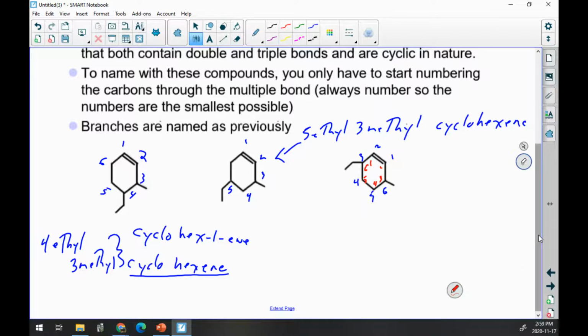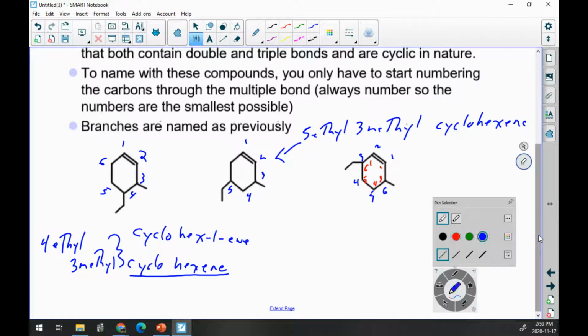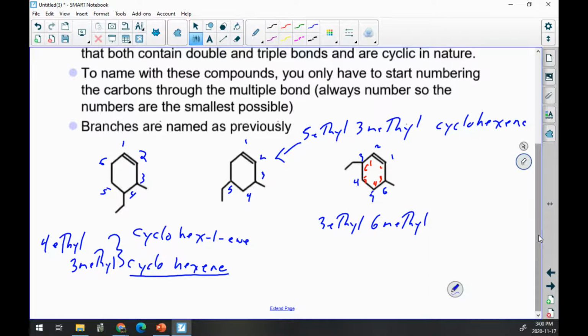The only reason why I'm going to number it in purple for the most part is that alphabetically and numerically it will stay the same. It's in purple. This is 3-ethyl, 6-methyl, cyclohexene.